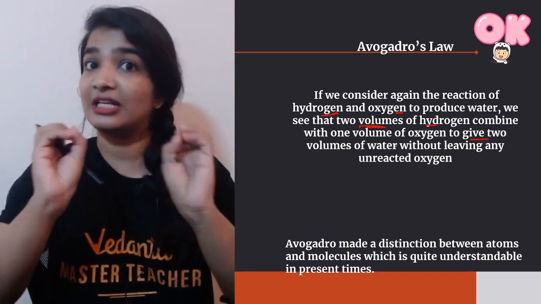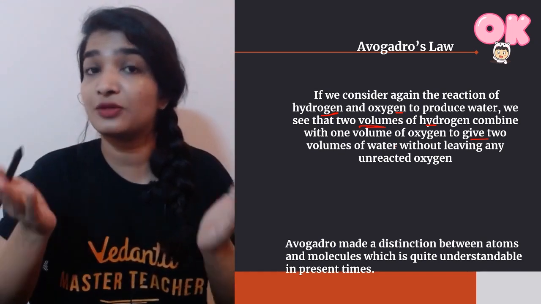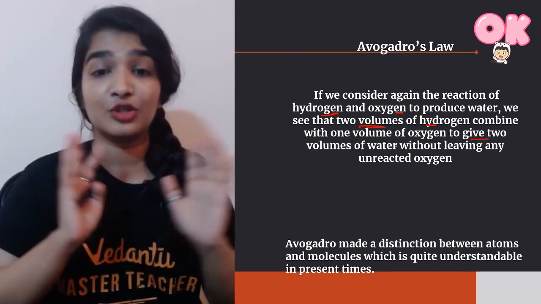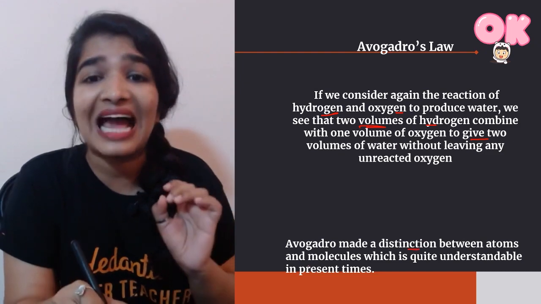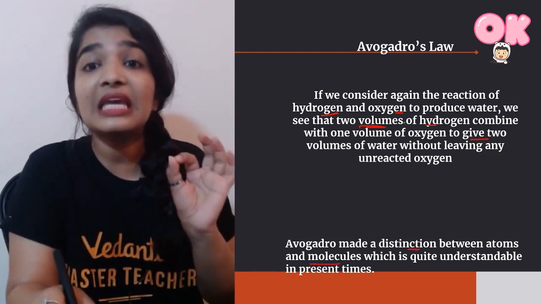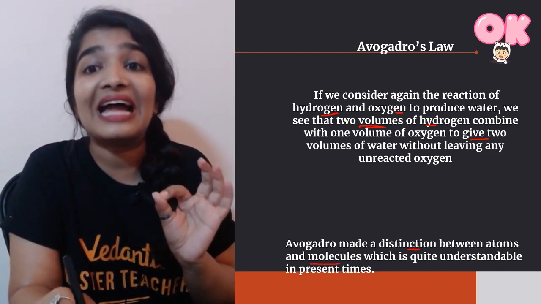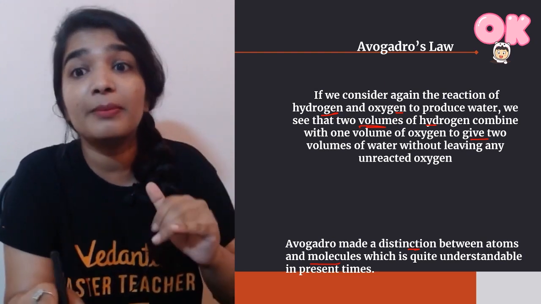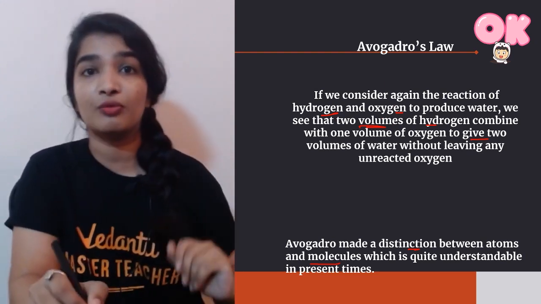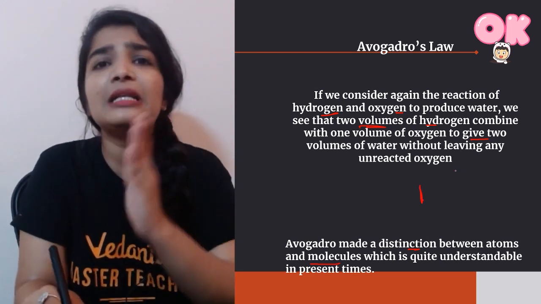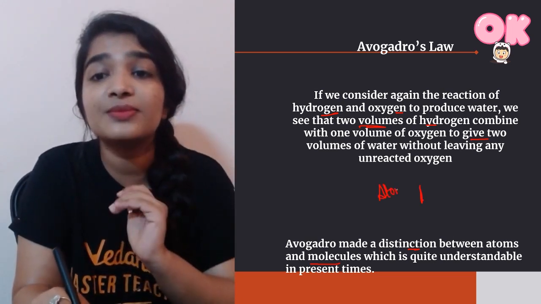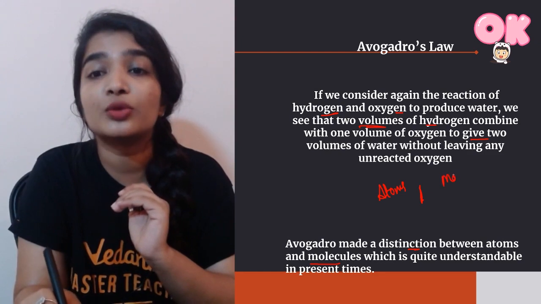We have made sure it is balanced because all reactions follow the law of conservation of mass. Avogadro made a distinction between atoms and molecules. See here, the hydrogen atoms and oxygen atoms are combining to give you a molecule of water. So now he made a very clear distinction between atoms and molecules.